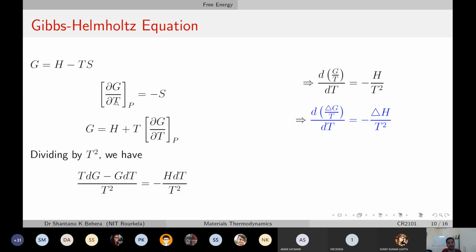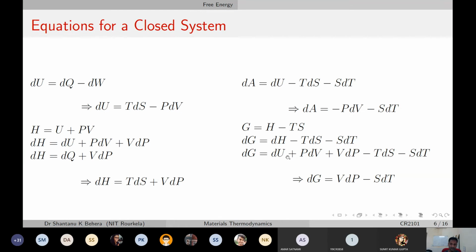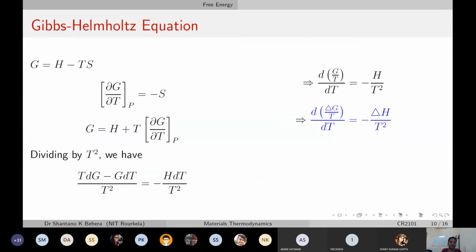Therefore, del G by del T, the partial of G by T at constant pressure, is going to be minus entropy. If you go back to this, dG is VdP minus S dT. Now, if you take a constant pressure process, dP becomes 0, the whole term becomes 0. Now you take del G by del T, and you are left with minus S. That's what is written here.